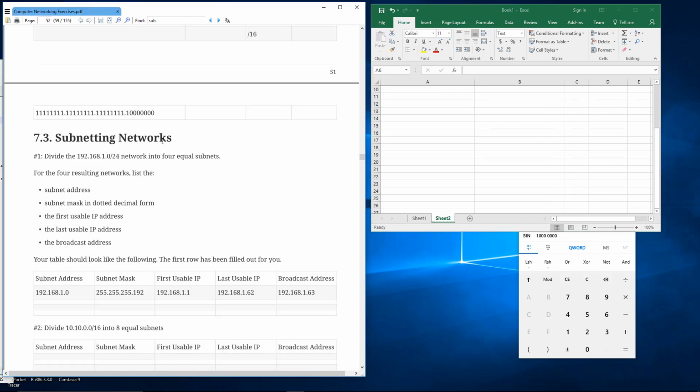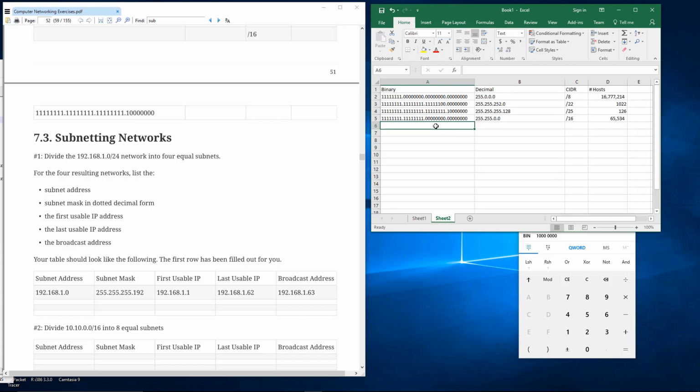Okay. So then we're given one here. What if our subnet mask is 1, 2, 3, 4, 5, 6, 7, 8, 1, 2, 3, 4, 5, 6, 7, 8, 1, 2, 3, 4, 5, 6, 7, 8, 1. Now the astute observer would realize that we could cheat and just look up above and figure out what this is going to be.